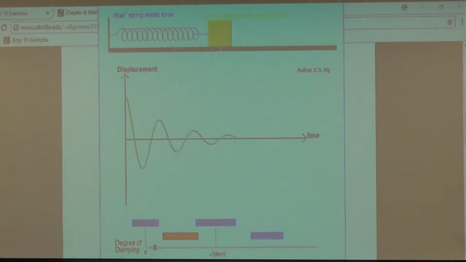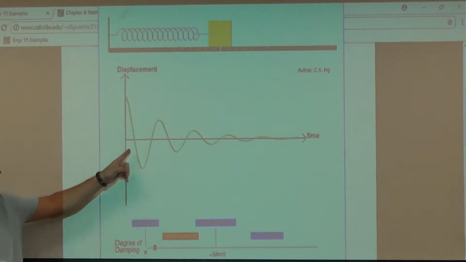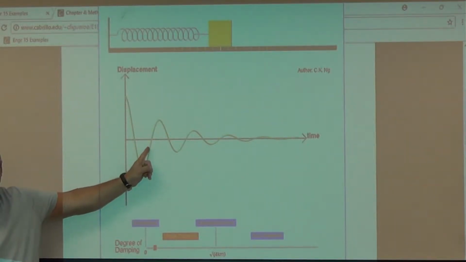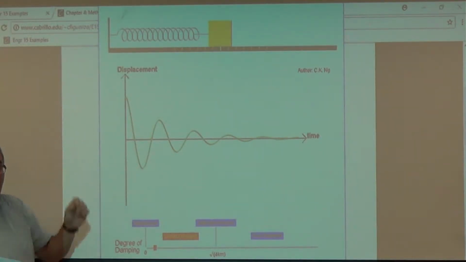So therefore, we call it an underdamped oscillator. So any solution that has any wiggle underneath the equilibrium point is called underdamped.